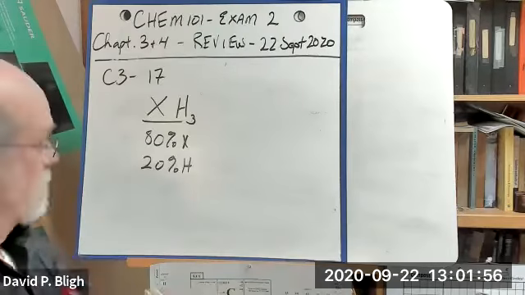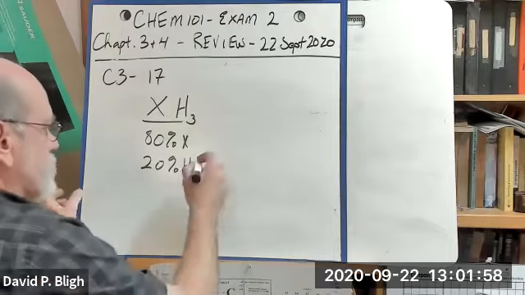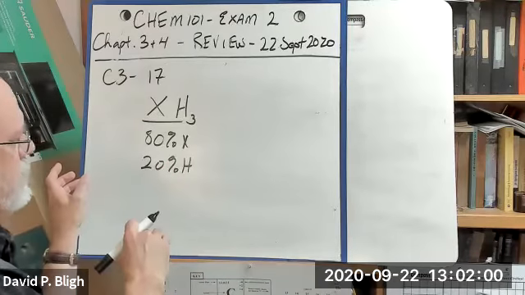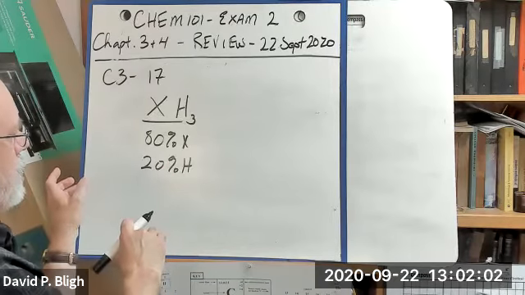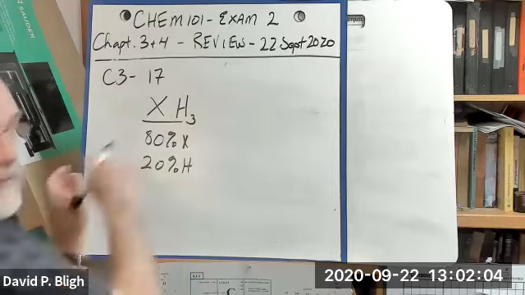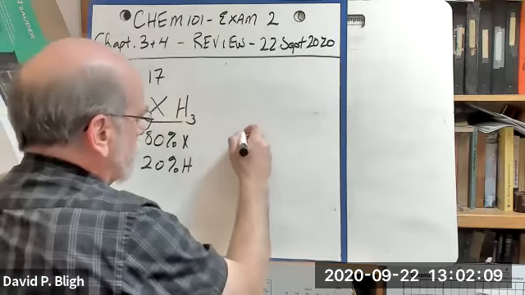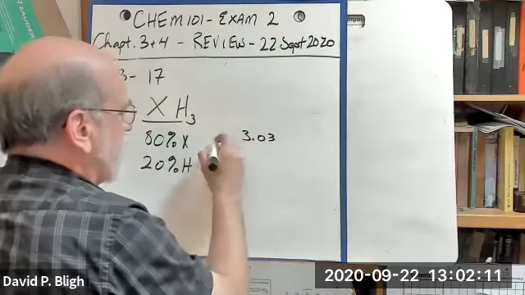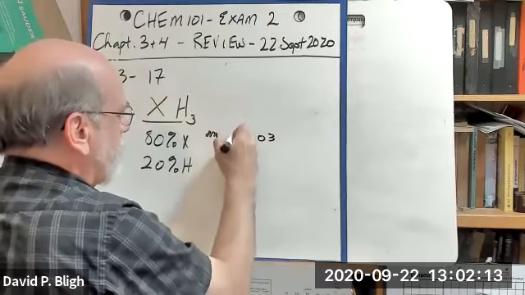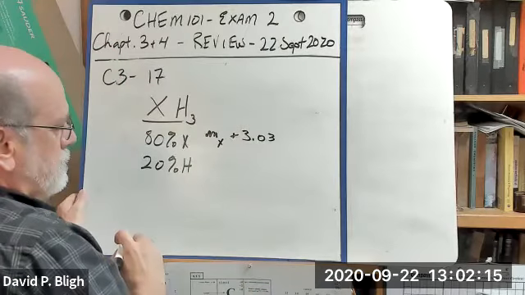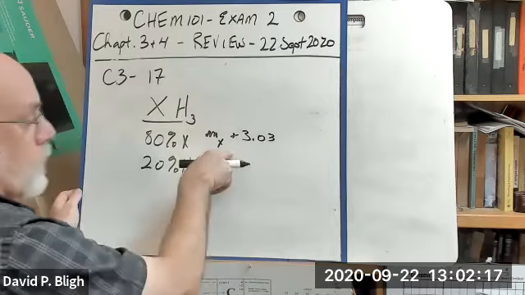Why don't you just times the hydrogen, the 20%, by 3, and then? Well, yes. This represents 20% of that mass. If we say 3 times 1.01 is 3.03. So 3.03, and then the mass of X is the total, right?